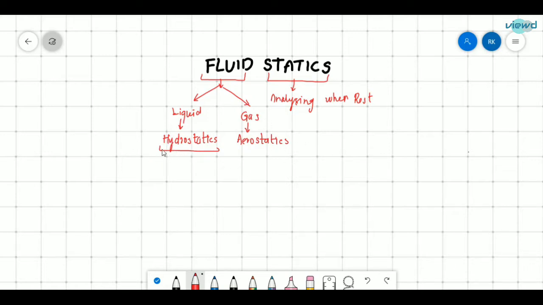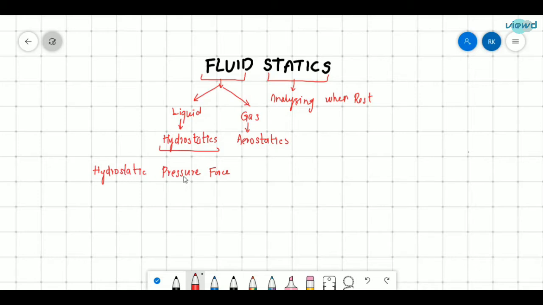So in this hydrostatics, there is an important term called hydrostatic pressure force. In the last videos, we have seen about the hydrostatic pressure that is exerted by the liquid molecules.